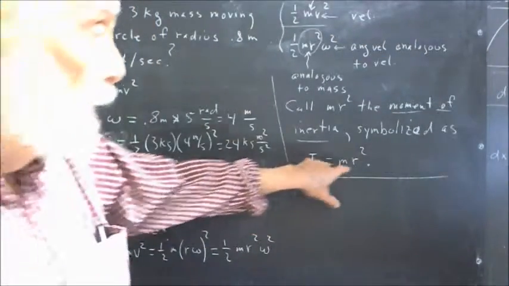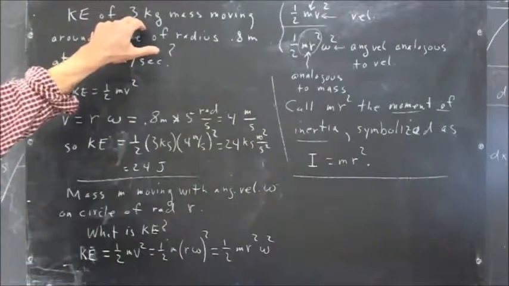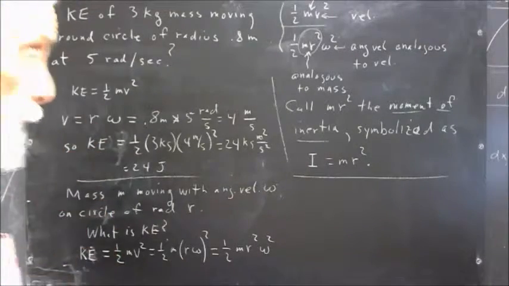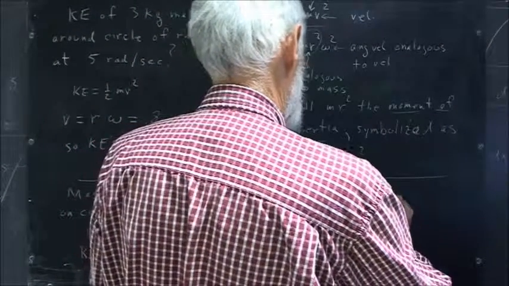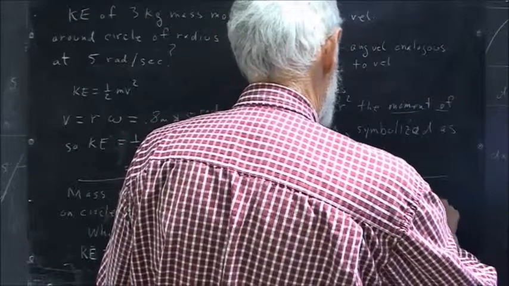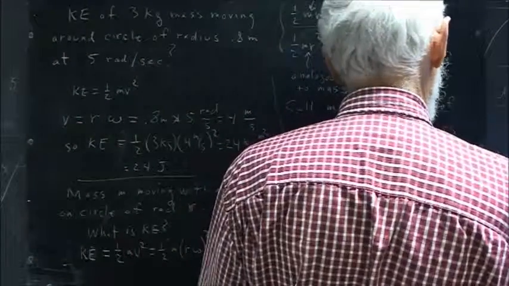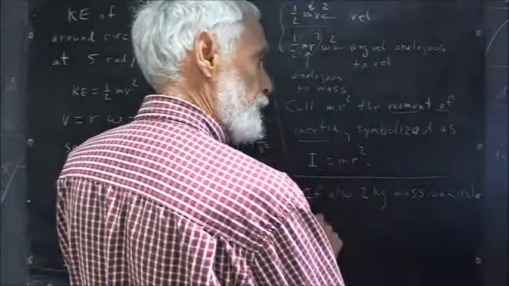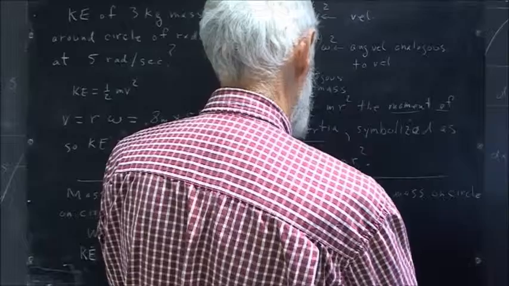Now, if we have, let's say, the 3 kilogram mass, and in addition, we have a 2 kilogram mass on a circle of radius 0.4 centimeters. So let's say radius 1.3 meters.